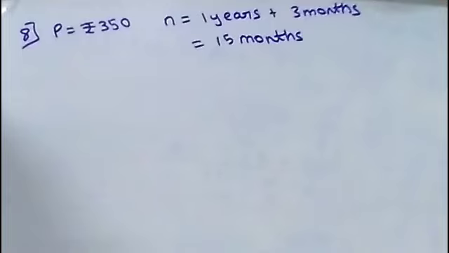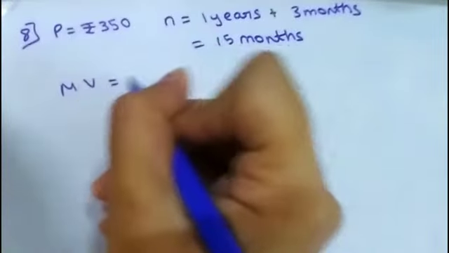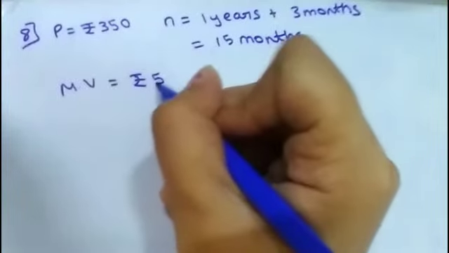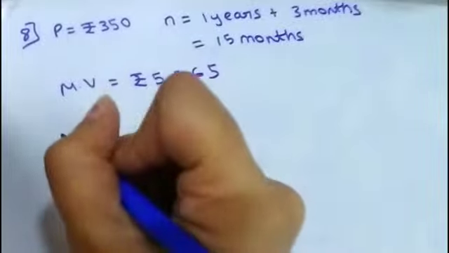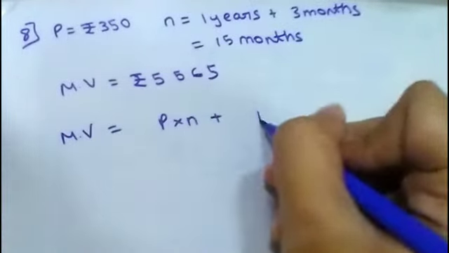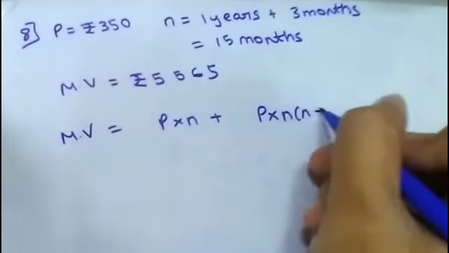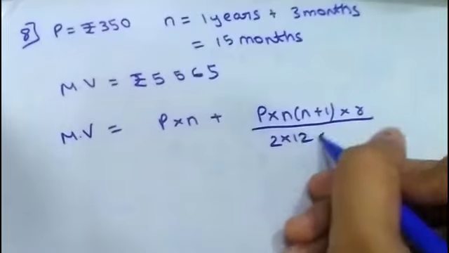Then, under the recurring deposit scheme, if the maturity value of our deposits is rupees 5,565, so they have given MV equals rupees 5,565. What is the formula for MV? MV equals P into n plus interest, which is P into n plus 1 into R divided by 2 into 12 into 100.